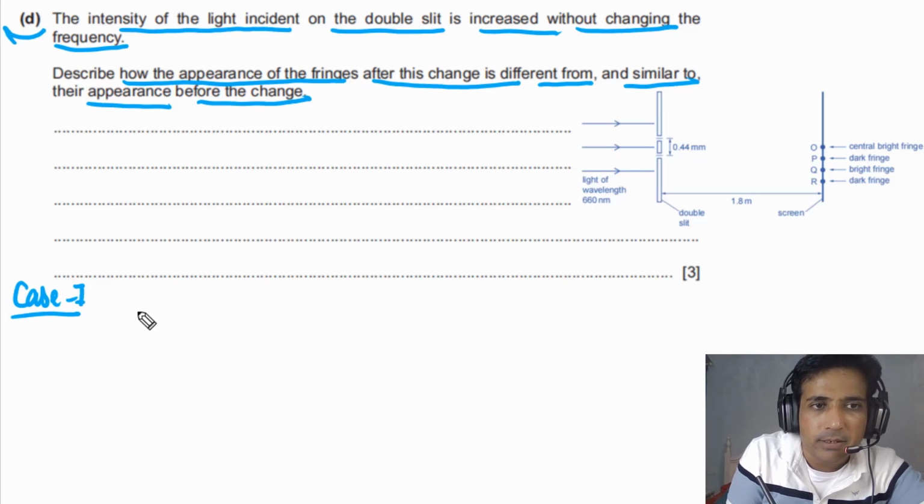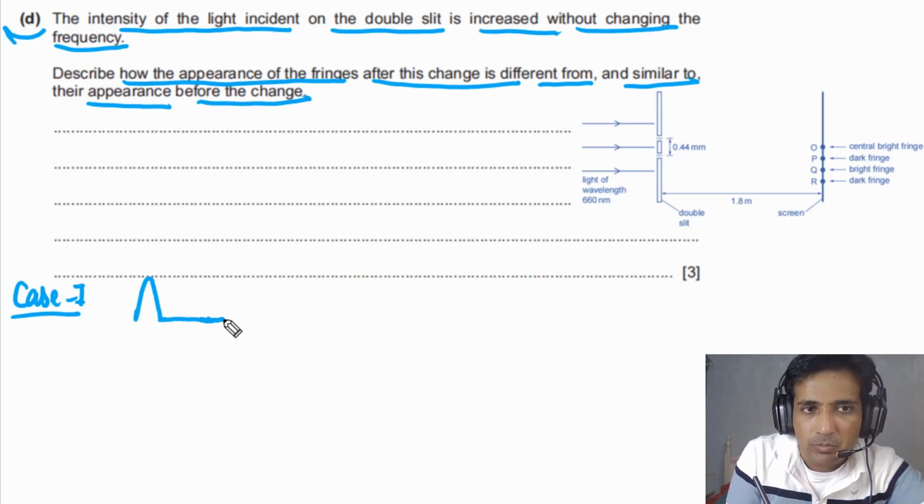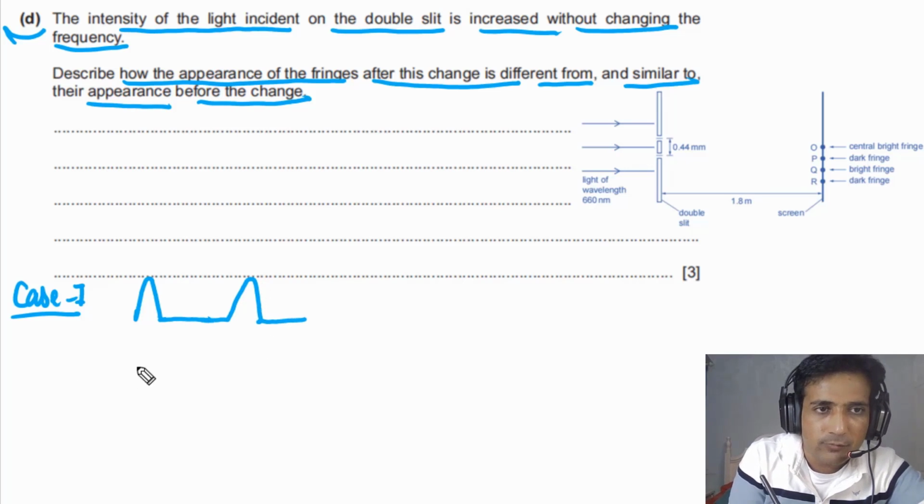In case 1, let's say we have the intensity of the light like this. So this is the intensity, the amplitude of the wave. Two waves, when they meet at one point, will form a bright fringe or a dark fringe. So first of all, we will take these two waves with this amplitude.